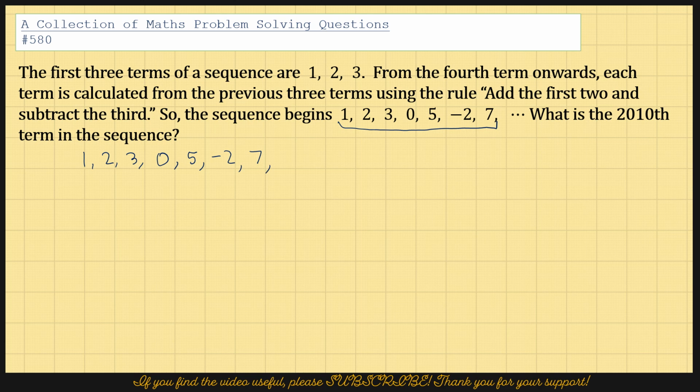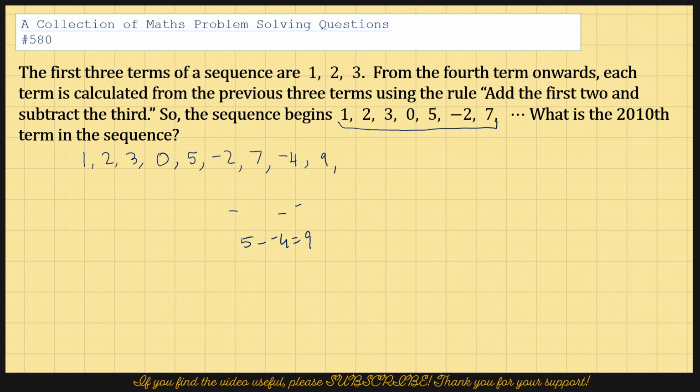After that, 5 minus 2 is 3, and 3 minus 7 is minus 4. Then minus 2 plus 7 is 5, and 5 minus 4 is 9. So it would be 9.